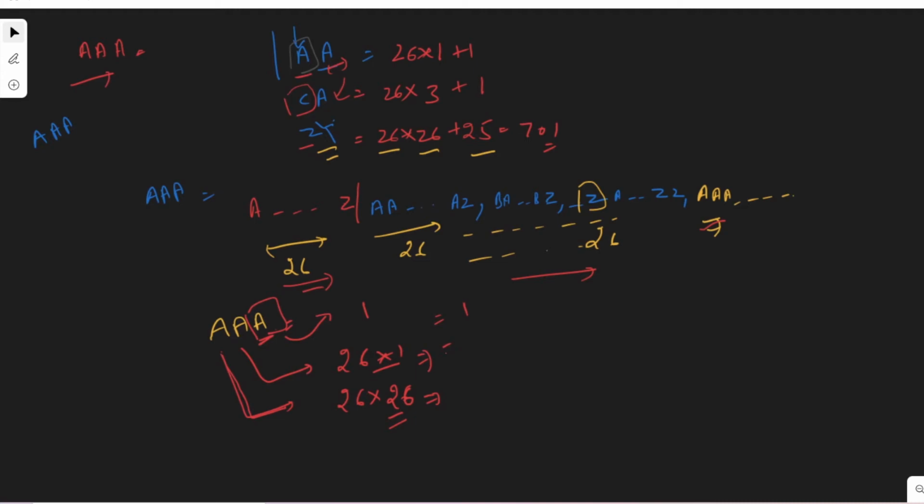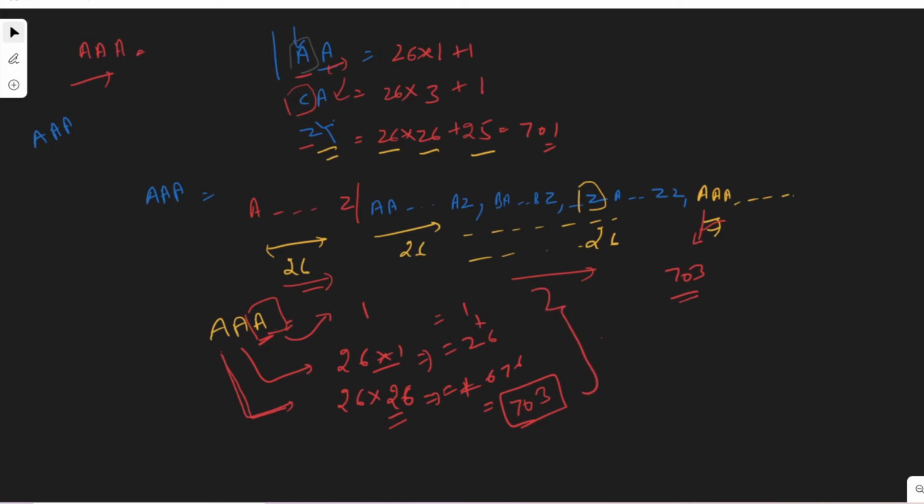So it will be 1 plus 26 plus 676, which gives me the value 703. So that's the output for AAA, 703.